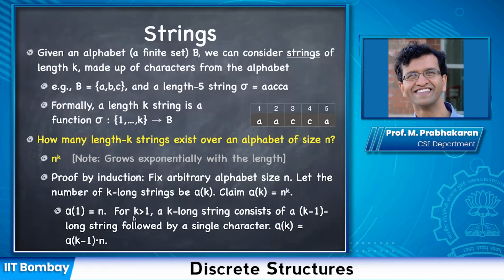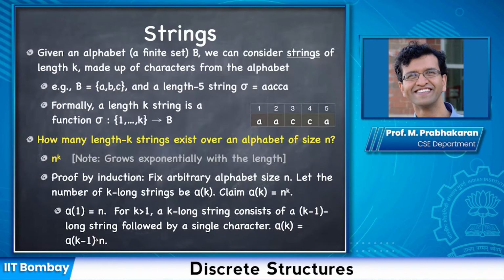And for larger k, you would inductively argue that any string of length k can be uniquely represented as a length k minus 1 string followed by a character. Your job is to count these pairs: a pair of a length k minus 1 string and a character.